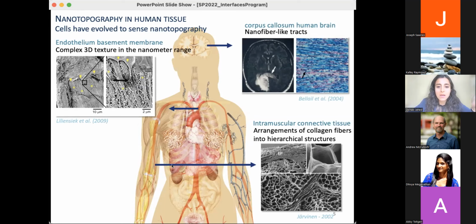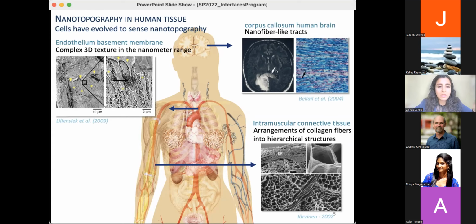This is a mechanical cue with which the cells interact, I think very similar to stiffness or viscoelasticity of the substrate, which I'm sure a lot of people in the interfaces program might be familiar with, and a lot of professors in the bioengineering department and other departments at UCSD are working on.